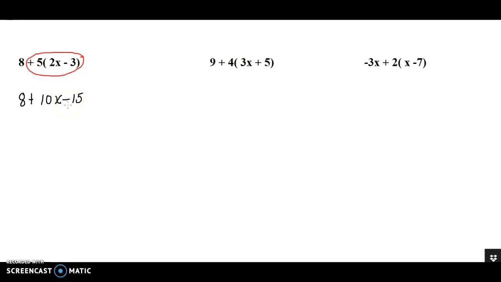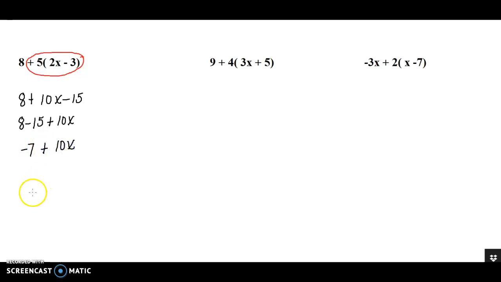Now we're going to rewrite the problem. 8 minus 15 plus 10x. So now we're looking at 8 minus 15, which gives you a negative 7 plus 10x.